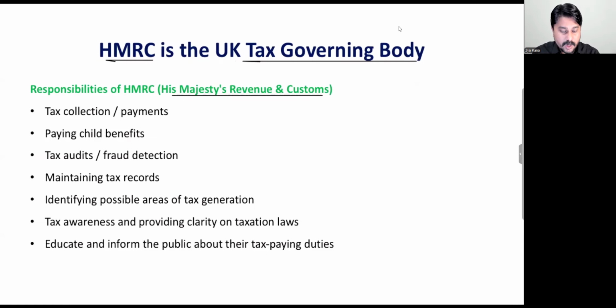A few responsibilities of HMRC, which are by the way the responsibilities of any tax governing body in any country, are collecting tax, maintaining tax records, providing tax awareness, conducting tax audits, and detecting frauds. These same responsibilities are there for the UK tax governing body, HMRC.